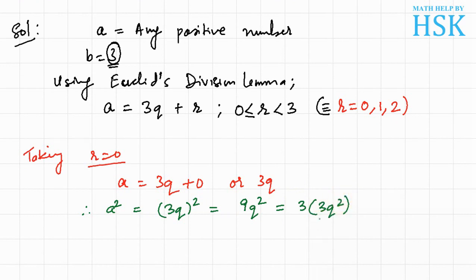Now because q is an integer, q square will also be an integer, and 3 times an integer is always an integer, so we can write this as equal to 3m, where m is equal to 3q square. So here we get that a square is equal to 3m.